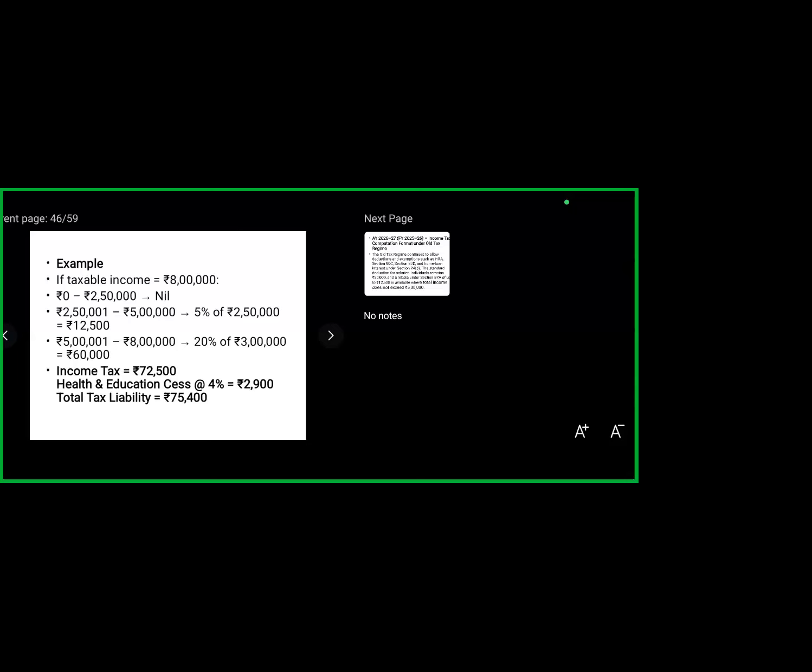Now if we take a very raw and rough example where taxable income is 8 lakhs, and we are following the old regime. So 0 to 2,50,000 calculations are nil. 2,50,000 to 5 lakhs, that amount is 2,50,000, the difference of these two, 5 minus 2.5.